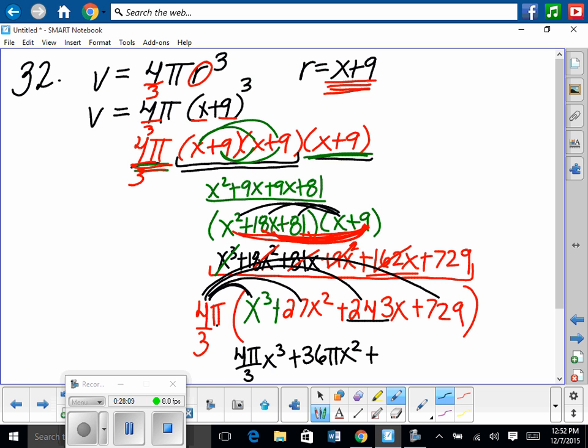We want to leave pi as pi because that's prettier, so you're simply going to multiply 243 by 4/3 and you get 324. So we have plus 324 pi x's. And then 729 times 4/3 will be 972. So plus 972 pi. And that would be our final answer.